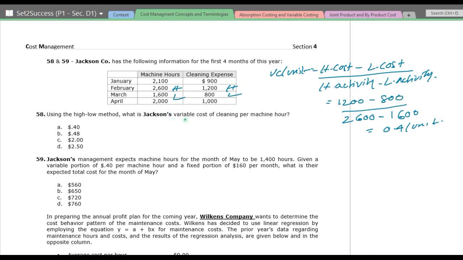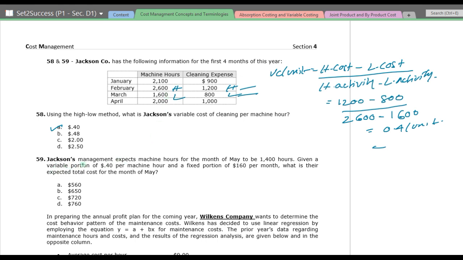Now they are asking the variable cost of cleaning per machine hour, that is 0.4 per unit, because highest cost is 1200, the lowest cost is 800, 2600 is the highest activity and 1600 is the lowest activity.